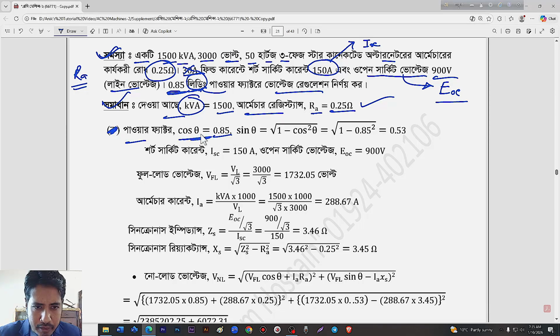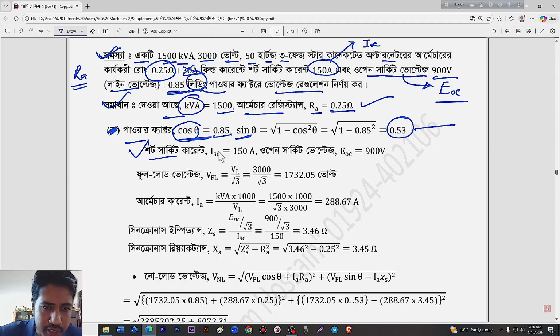From the power factor we can find sin theta, because sin theta equals root over 1 minus cos square theta, and from this calculation we get 0.53. Here short circuit current ISC equals 150 ampere.